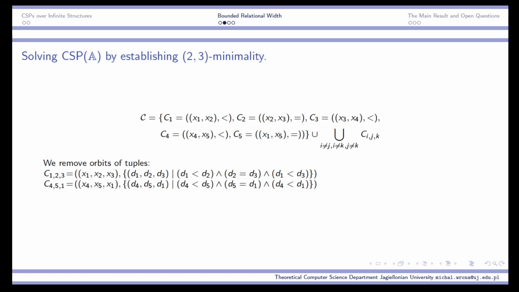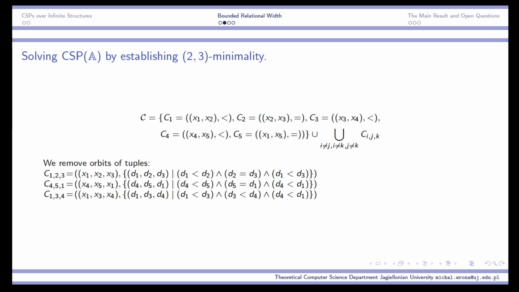Then we have C451. We look at this constraint and the relation d4, d5, d1, so that d4 is less than d5. It comes from the constraint C4. d5 equals d1. It comes from the constraint C5. And in consequence, we have d4 less than d1.